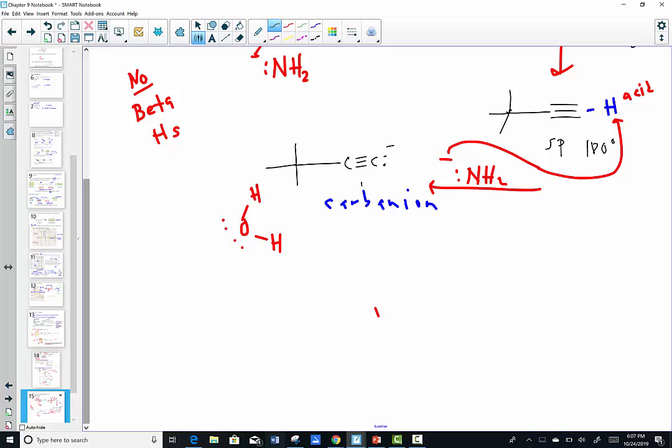And what happens is this negative ion reaches out and abstracts a proton from the water and just reprotonates the carbon terminal end so that it now is an alkyne. We also have the deprotonated water, which is now represented by hydroxide. And of course, we added the sodium to create an electrically neutral compound.